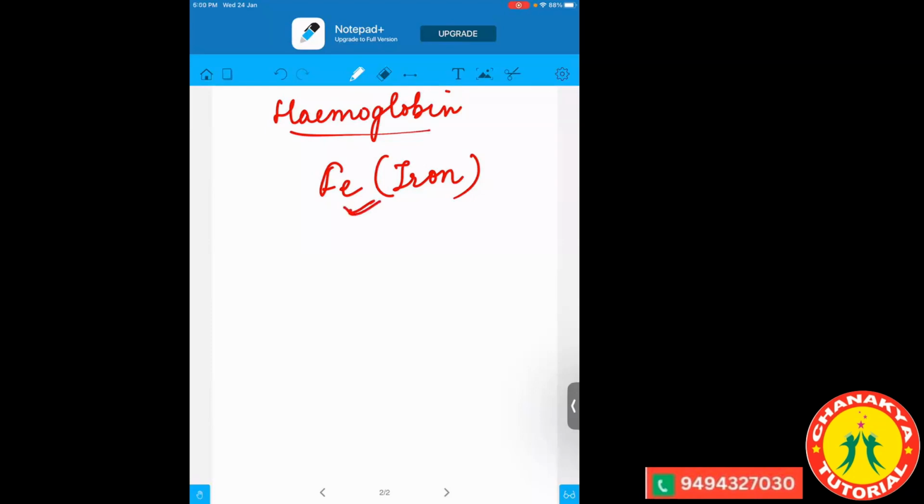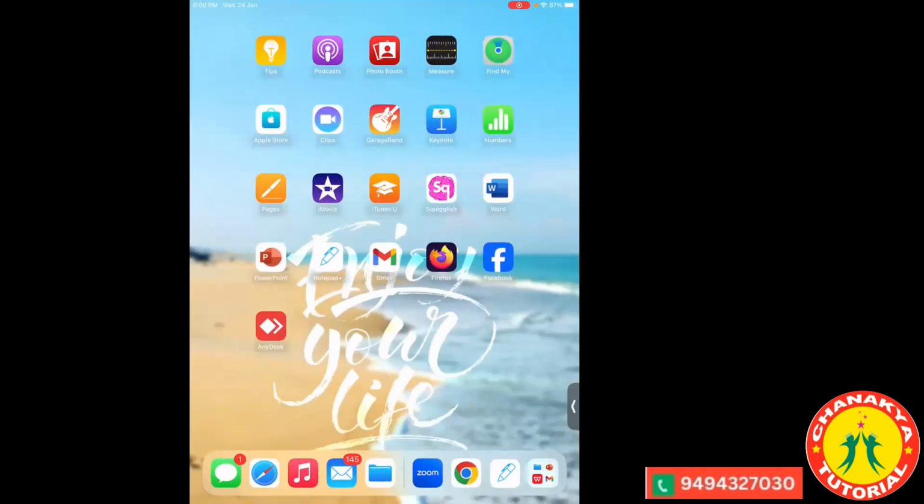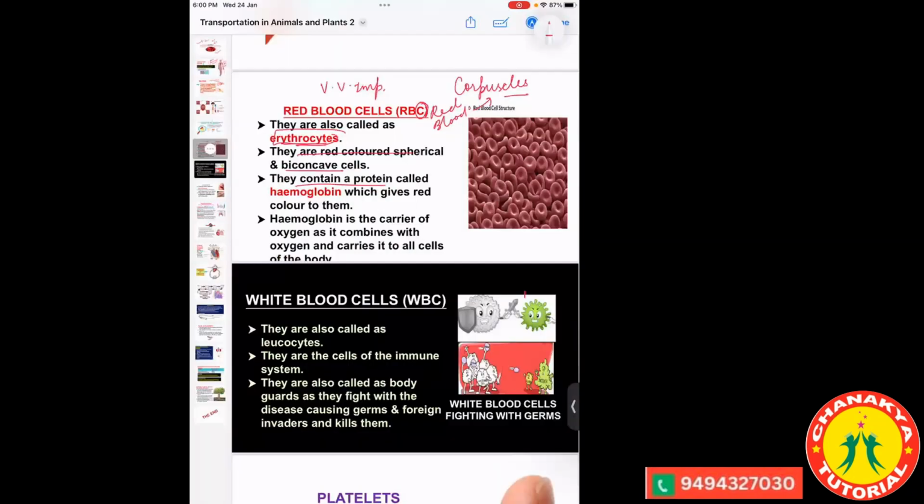So if we want to increase the hemoglobin amount in our body, what do we need to do? We have to eat sources of iron, like spinach. Spinach is a very good source of iron. So we should start eating them. Whatever content has iron, we have to start taking it if we want to increase the amount of hemoglobin in our body.